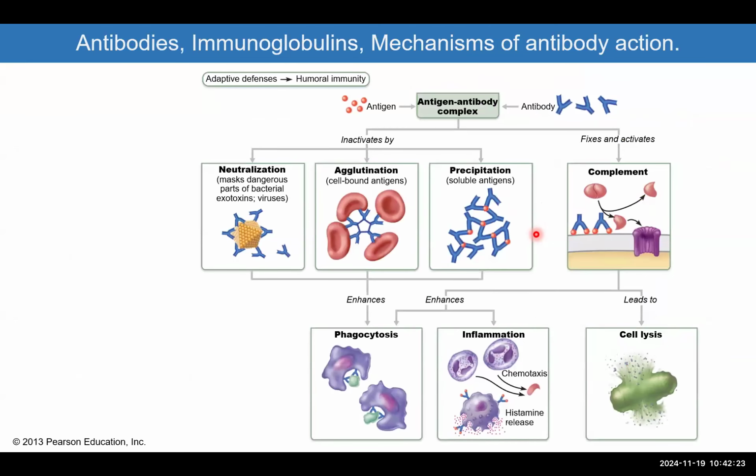So one of the examples I gave you is we could neutralize viruses by antibodies. And that's exactly how it works. The virus comes the first time to our body. Our B cells, after many steps of education, will generate an antibody toward that particular virus very specifically.